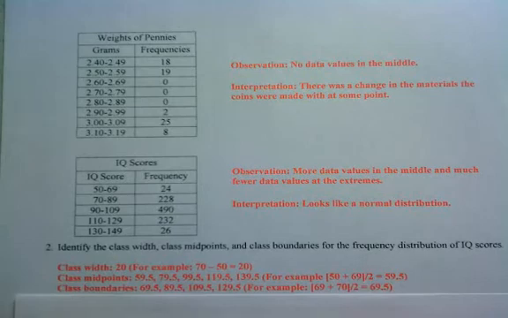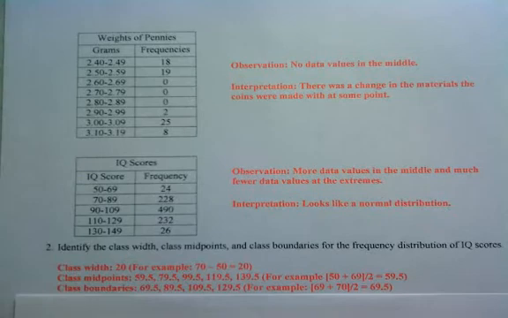And then, finally, the class boundaries. In the class boundaries, that's taking the high of one class and the low of the next class and adding the two together and then dividing by 2. So in this case, if I look at 69 to 70, that would be 69.5.